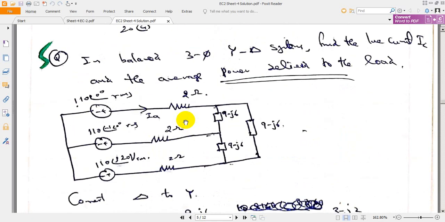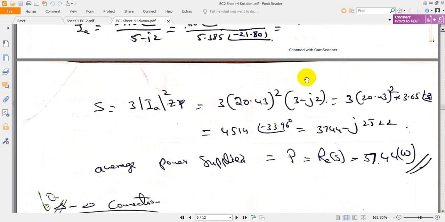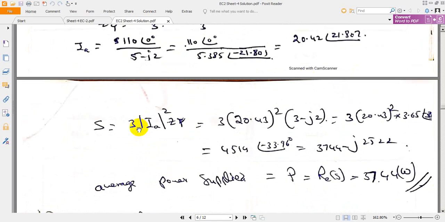Coming to the next part, we need to calculate the average power delivered to the load. To identify the average power, we first need to calculate the apparent power. The apparent power S is equal to 3 IA squared ZY. The current IA we got is 20.42, the whole squared, into ZY.